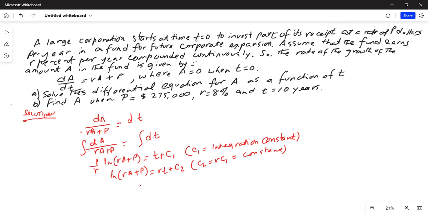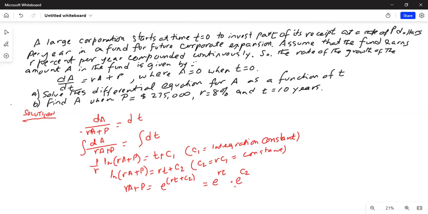Now we use the definition of natural logarithm, because ln is to the base e. So using the definition of natural logarithm, we get RA plus P is equal to the exponent of Rt plus C2, which can be written as e raised to the power of Rt multiplied by e raised to the power of C2.